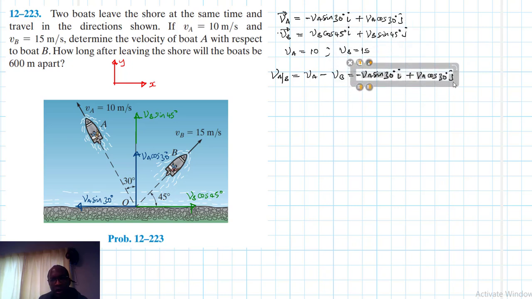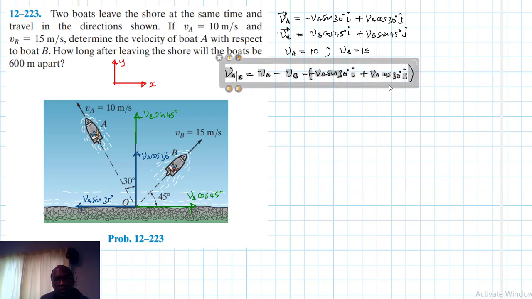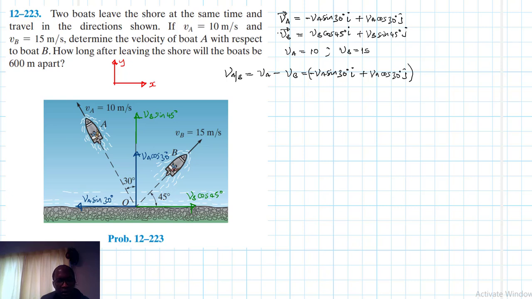We plug this one there, like so, then we say minus, we plug this in. Okay, there we go. So we have plugged everything in, and we know what VA and VB are. Therefore, VA with respect to B, replacing these values in there.